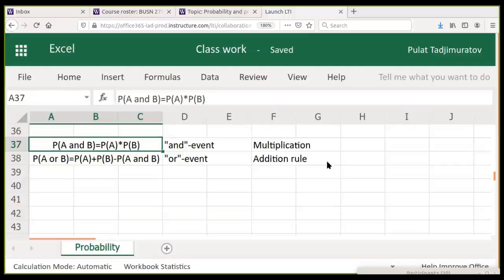So the outcome of the first throw will change the probabilities for the outcome of the second throw. And in such cases, you cannot use the multiplication rule. But if your events are independent, as I already said, you just go straight and use your multiplication rule. And that will simplify things sometimes.